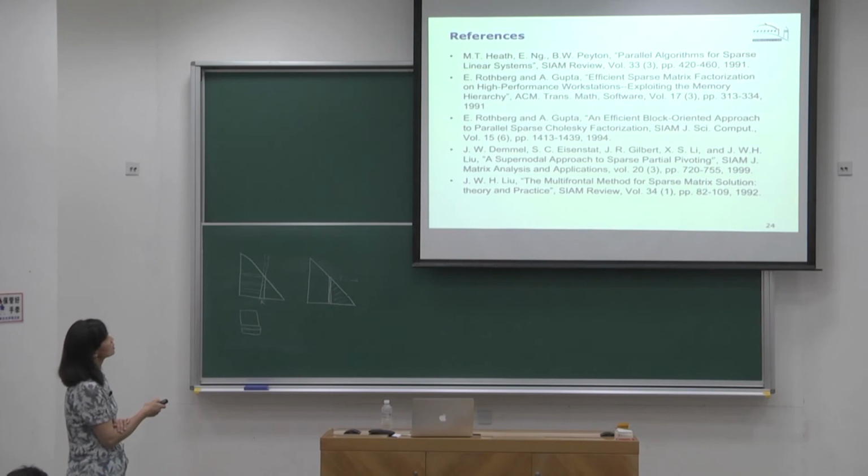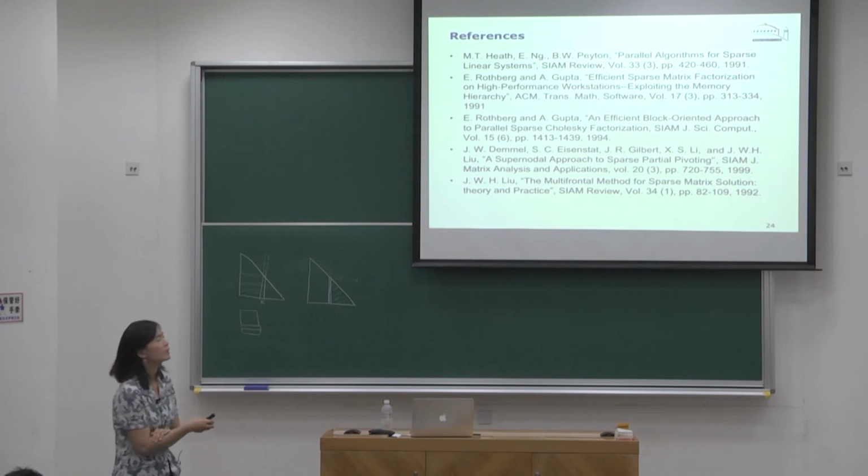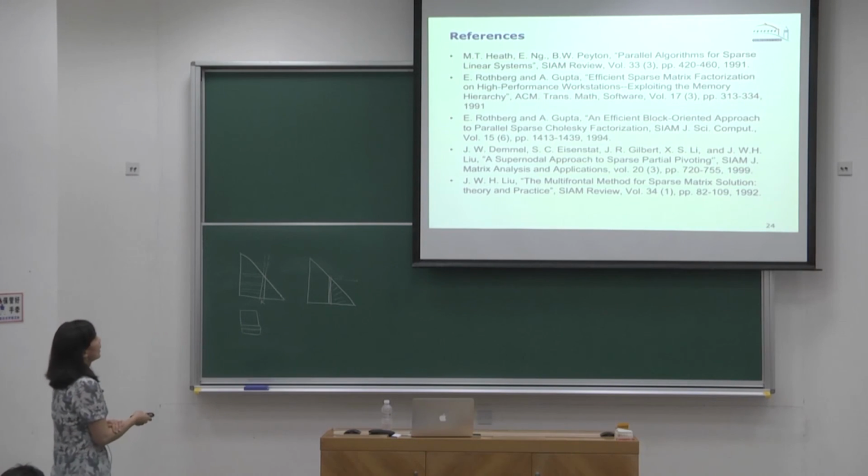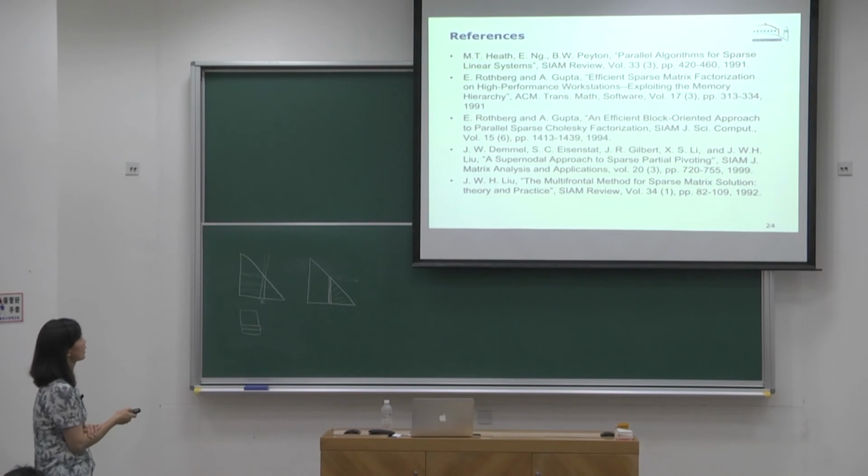So in this SIMAX paper, that's about left-looking LU and how you do pivoting. This code actually has partial pivoting. It's complicated, and it is the basis of our software, SuperLU, which is available right now on the website.